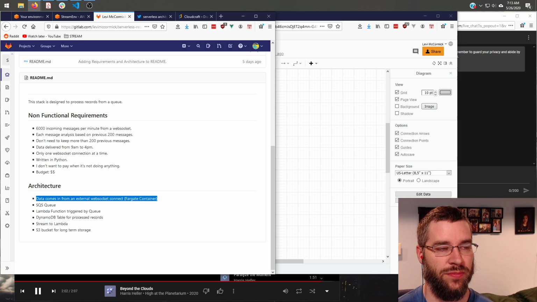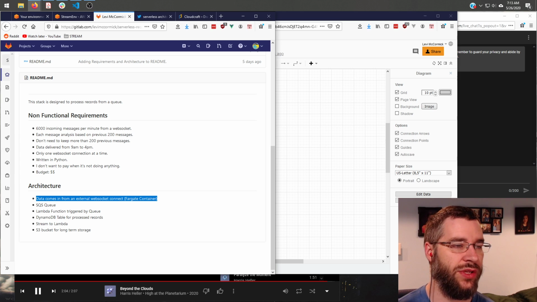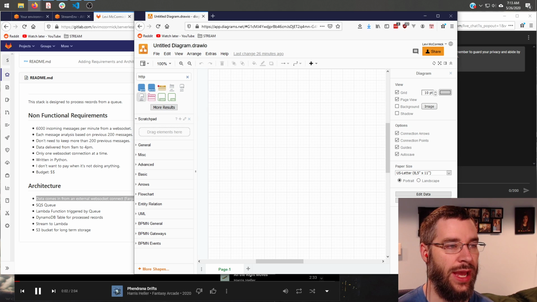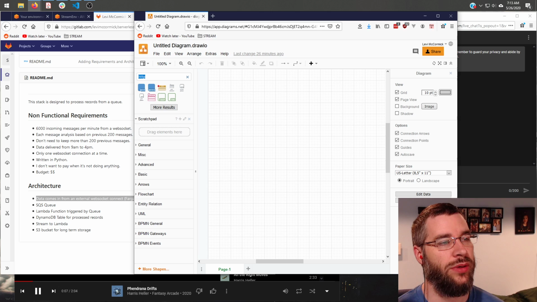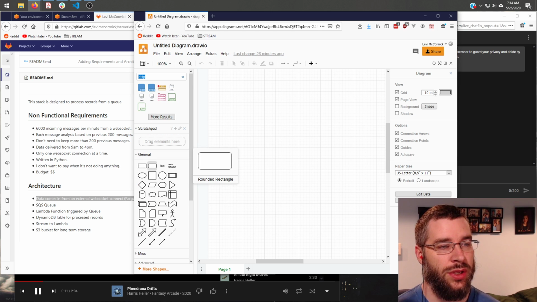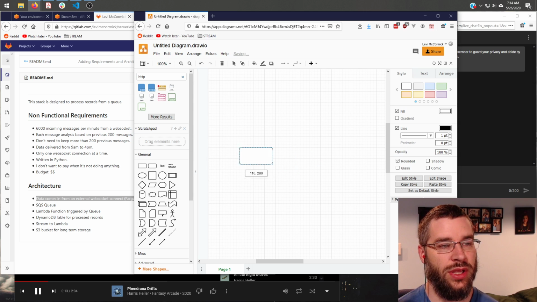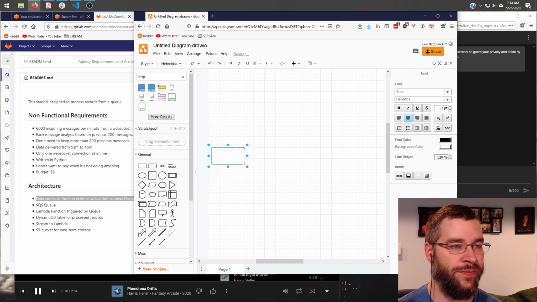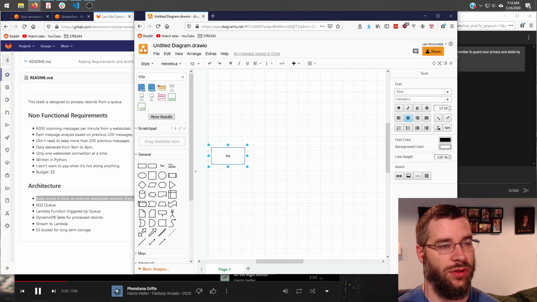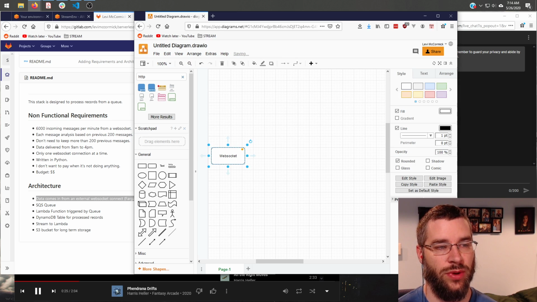The thing we laid out in the previous video was a WebSocket connection. I don't know that we have anything to represent our WebSocket, so let's just punt and use ye old rounded rectangle for now. You can just click it, it drops in the window, and then I'm just going to call it the WebSocket, because it doesn't really matter, right?